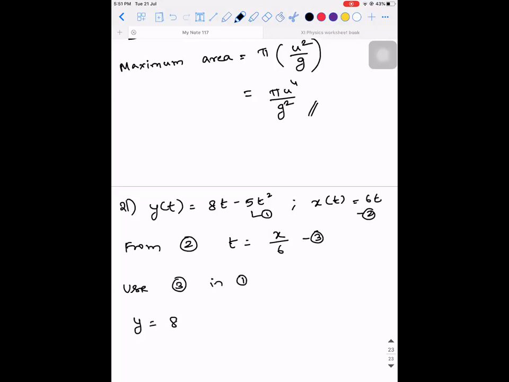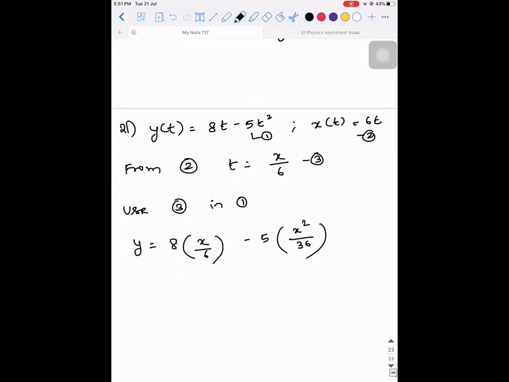Then y will be equal to 8 into x divided by 60 minus 5 into x square divided by 3600. So y is equal to x into 2 divided by 15 minus x square divided by 720. Any doubt till this step?